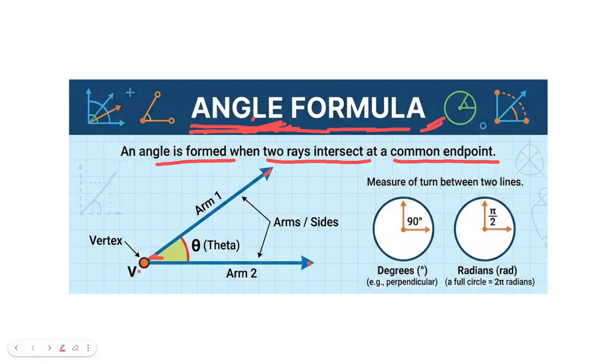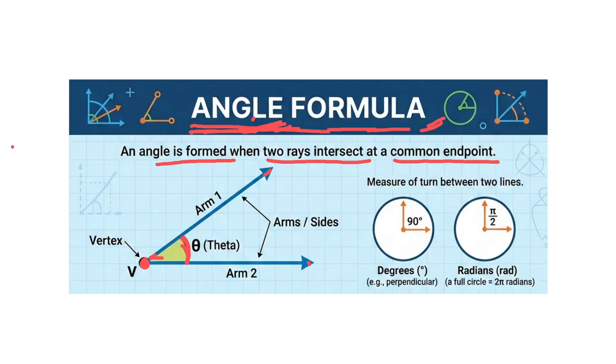These two are intersecting at one particular point, and the angle which is forming is called an angle. The gap between these two is denoted as theta, that is the angle.